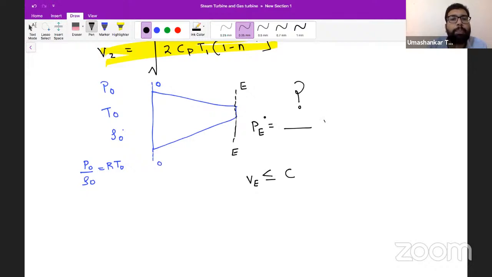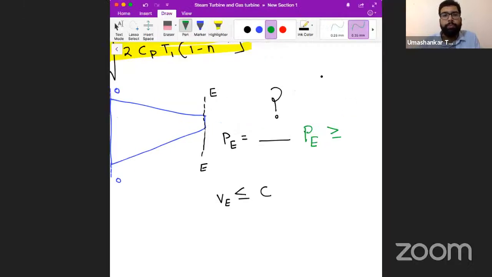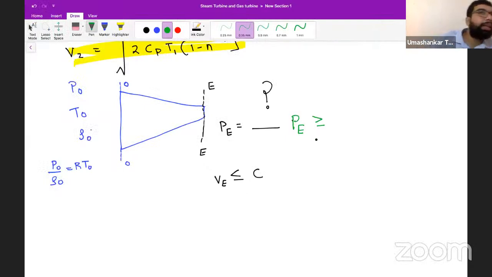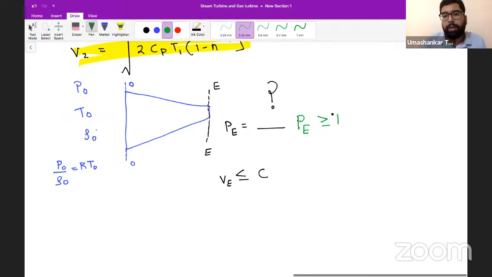So you have to compare this exit pressure with that critical pressure, and the exit pressure must be greater than or equal to the critical pressure.